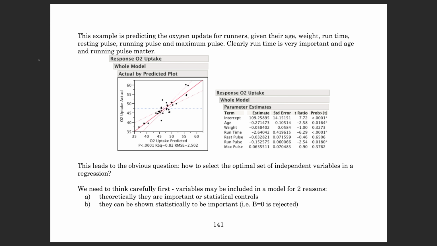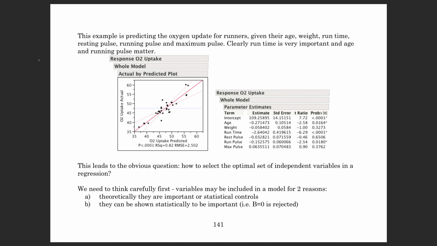So we need to think very carefully, because we may include variables in a model for 2 different reasons. First of all, because they're theoretically important or they're statistical controls. In other words, we want to remove the effect.